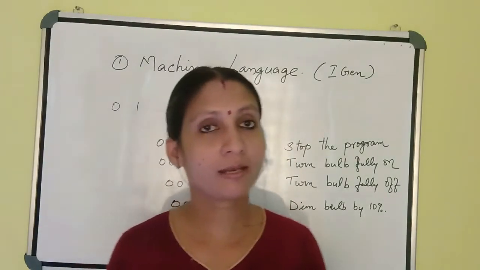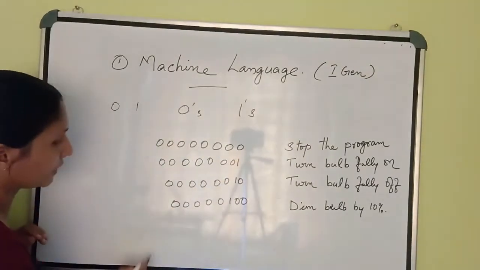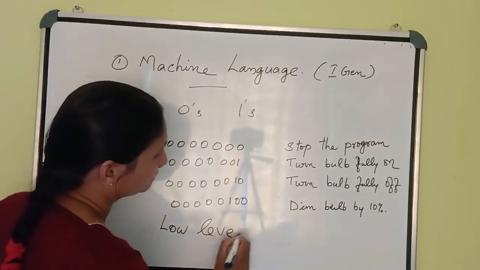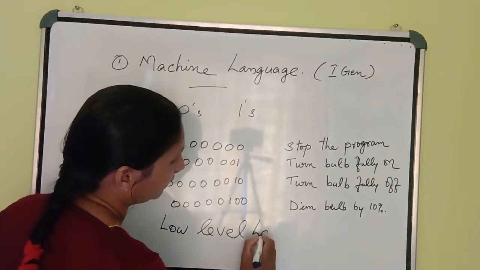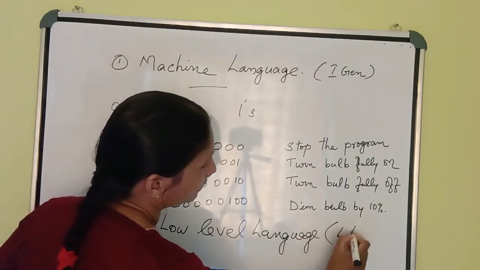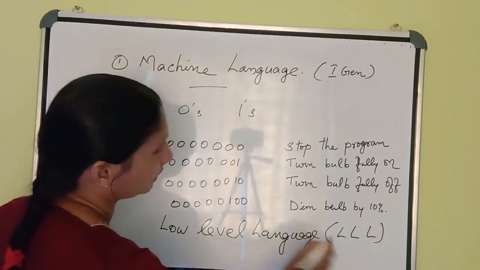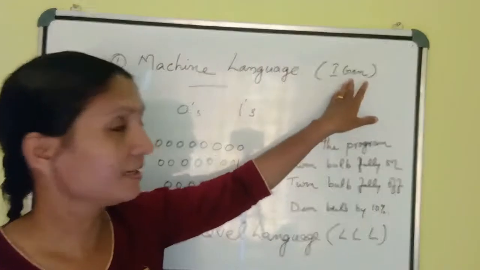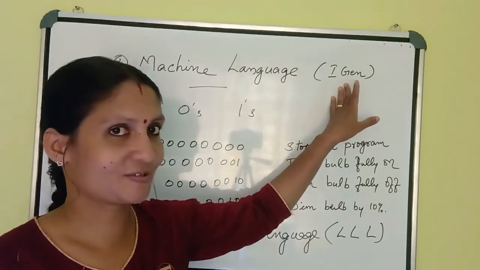Because of that, this is also called a low level language. What's the name? Low level language. I think you all understood about machine language. That was the first generation language.